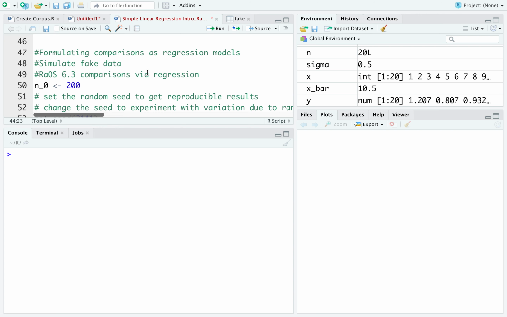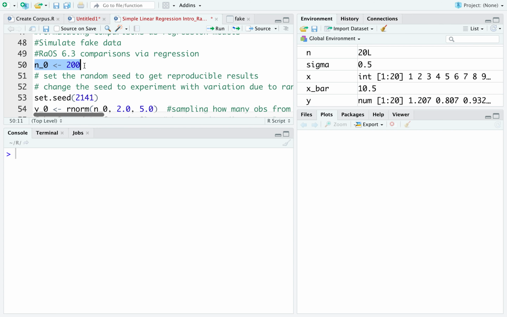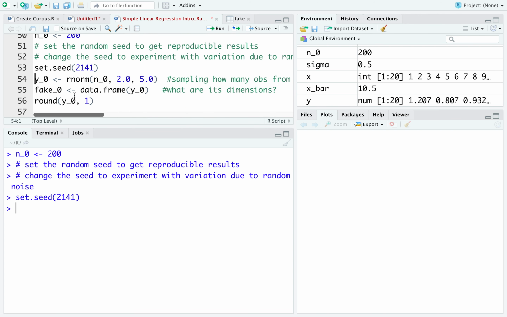All right, so we're going to have a sample size of 200 and set the seed again. You don't have to do that if you want to see how the simulation may vary in the case of the data created. And so we'll have y0 be pseudo-randomly generated normal.